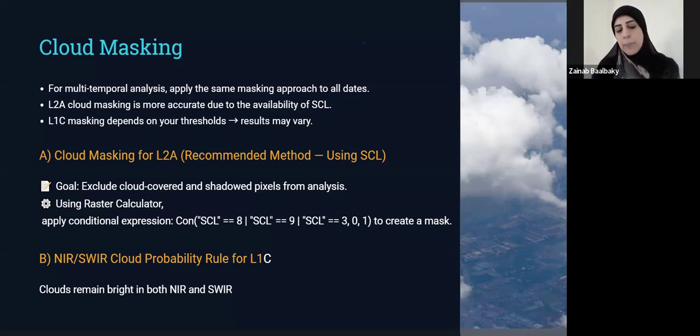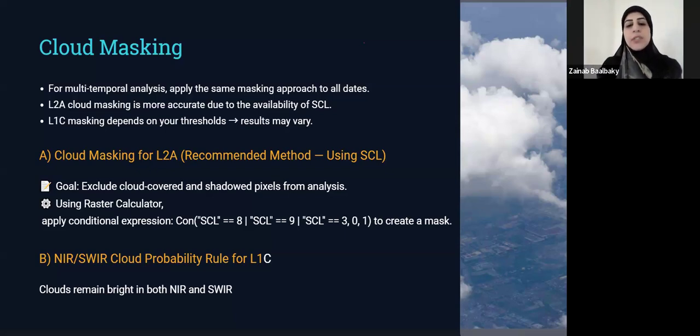That is applied in ArcGIS Pro using the raster calculator and applying a conditional expression. For Sentinel-2 L2A images, we use, as mentioned, SCL to identify cloud pixels. And if SCL is unavailable, as mentioned in L1C, we use the near infrared and SWIR cloud probability rule.